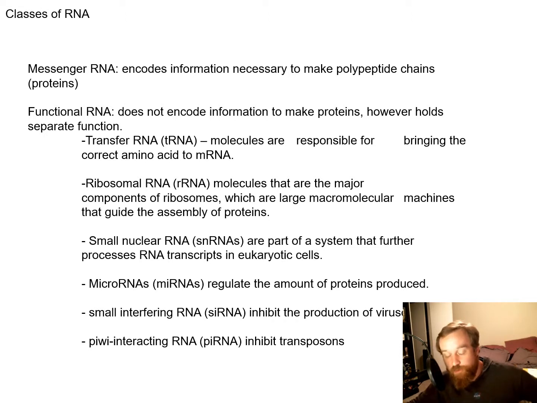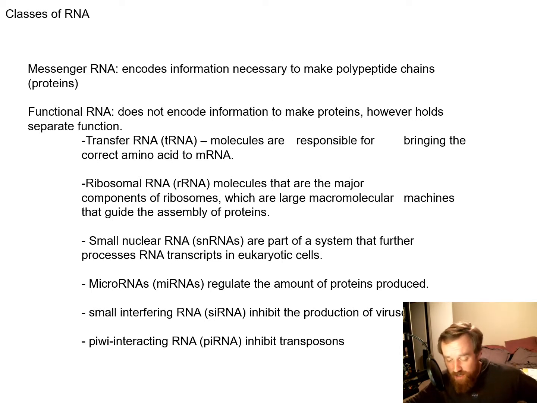The other class of RNA are functional RNA. These don't encode information to make proteins, but they have separate roles within the cell. One example is transfer RNA or tRNA. These are molecules of RNA that are responsible for bringing the correct amino acids to the proteome to incorporate into this growing polypeptide chain to make some sort of protein.